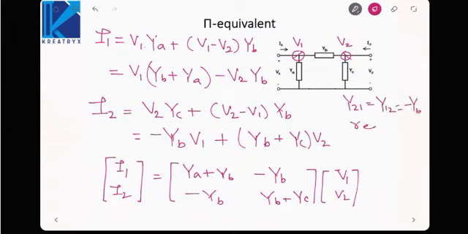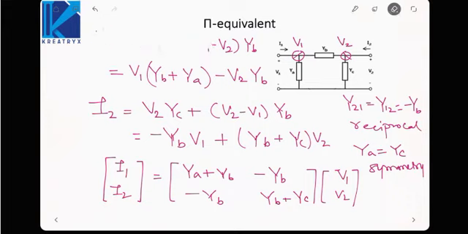So this network is reciprocal. That means any pi network is always reciprocal. And if YA equals YC, then the diagonal elements are also equal, and it becomes symmetrical. So like in the case of the T network, for symmetry in the case of Y parameters, the shunt arms of the pi network must be equal.